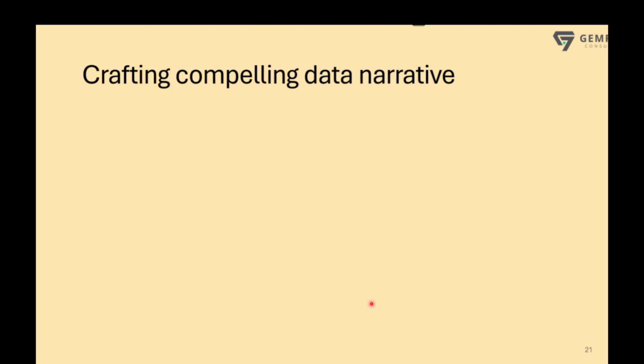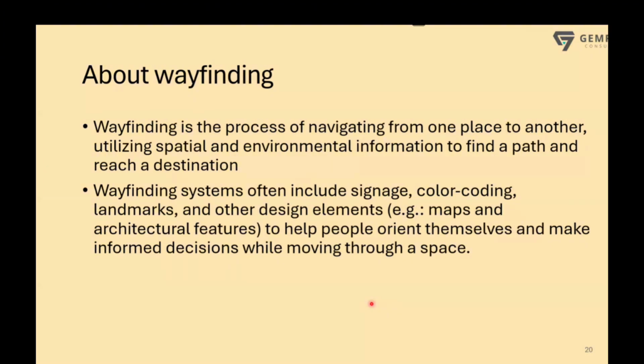So now let's go on and look into this compelling narrative. With that, I will also be adding the 4 elements that I discussed in wayfinding. I was just walking you through this. I was talking about orientation, navigation, decision making, and information delivery.